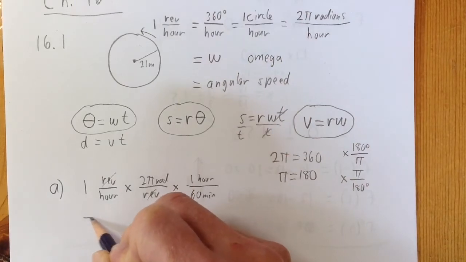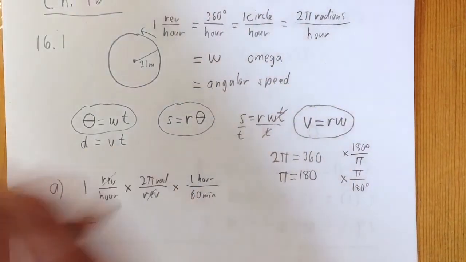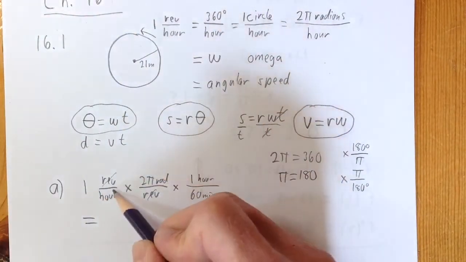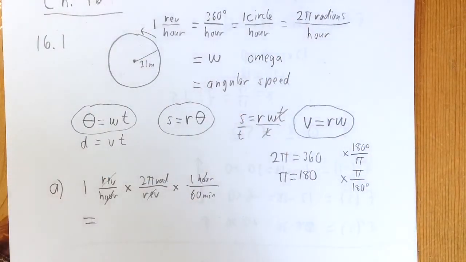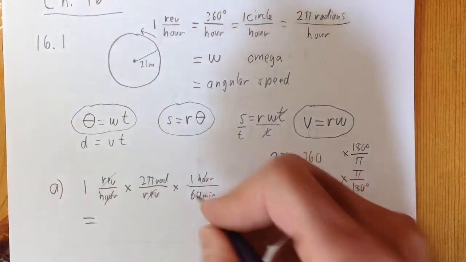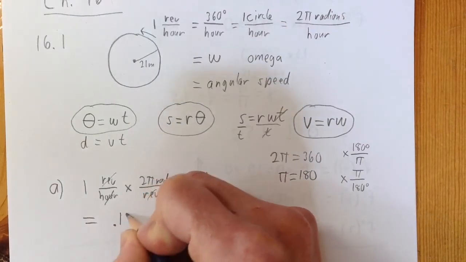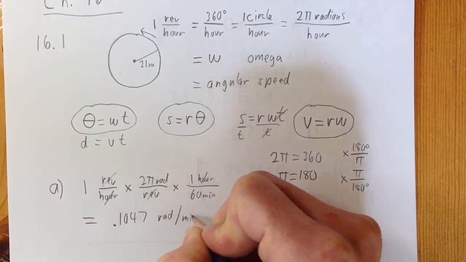So this equals 2 pi divided by 60. And the hours cancel, so that tells us how many radians per minute. So 2 times pi divided by 60 equals, and I'm going to keep lots of decimal places, 0.1047 radians per minute.